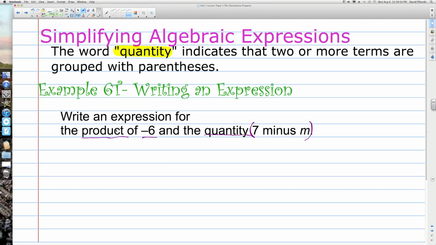So we're going to multiply negative 6 and this quantity 7 minus m. So we do that by negative 6 times the quantity, parenthesis, 7 minus m. We could simplify that by not using a dot there. That would be negative 6 times 7 minus m. And if we needed to, we could simplify that by using the distributive property. But in this case, we're just asked to write the expression. We're not asked to simplify it.